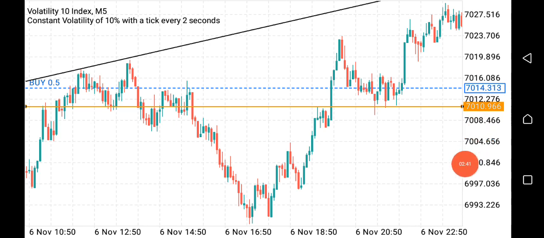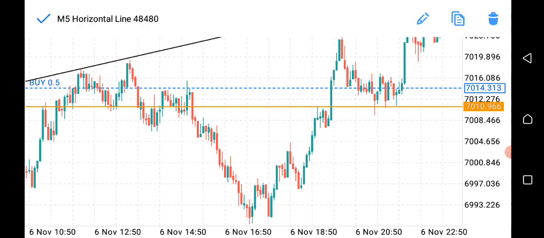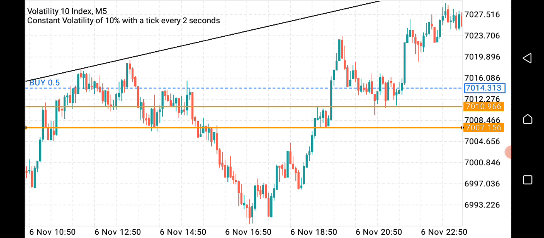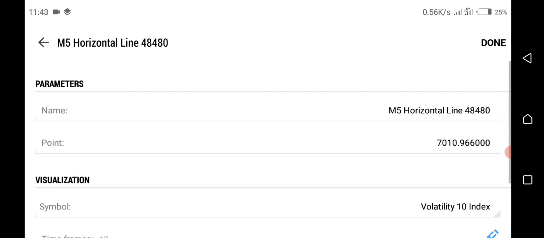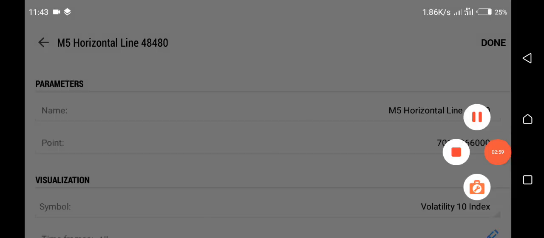Now let me put up at least 3 or 4 of them on the screen. Starting with the first one, let me change the number to a round number. So this is the number.